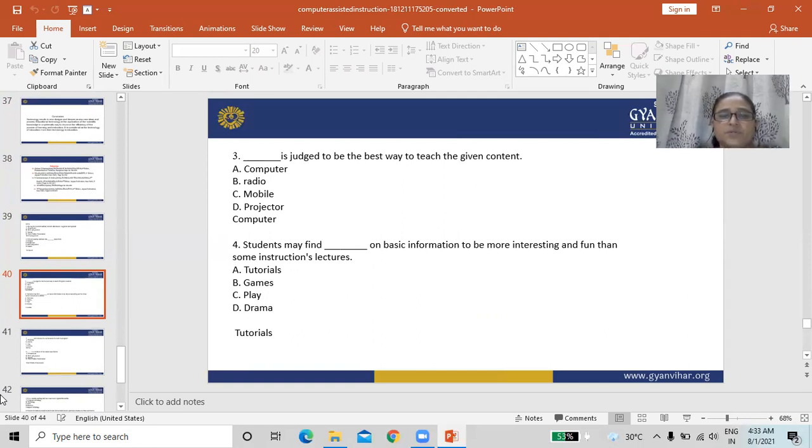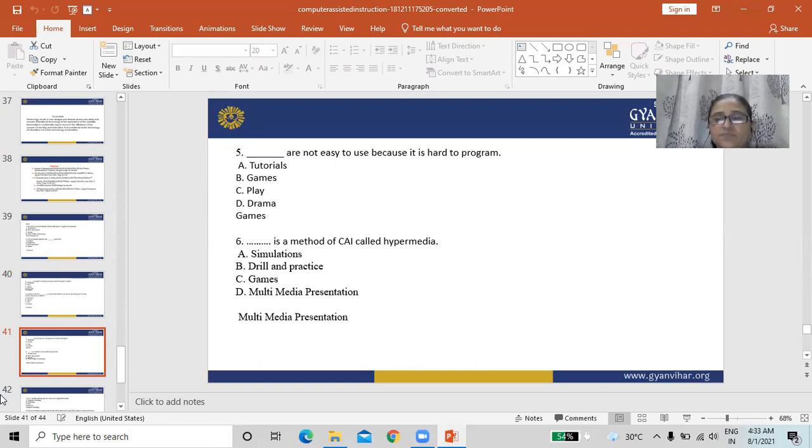Next MCQ. Students may find the blank on the basis of basic information to be more interesting and fun than some instruction lecture. Option A tutorial, option B game, option C play, option D drama. Correct option is tutorial, option A.